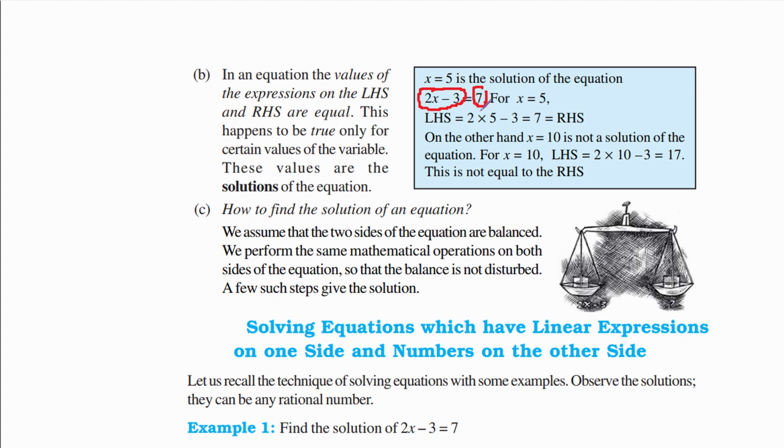Here it simply means if x is taken as 5, then 2 times 5 is 10, minus 3 gives you 7, which will hold true only if the value of x is 5. So it is also called the solution of the equation. That is, what value should a variable have in order to make the left hand side equal to the right hand side. So if you take x as 1, it would be 2 into 1 is 2 minus 3.